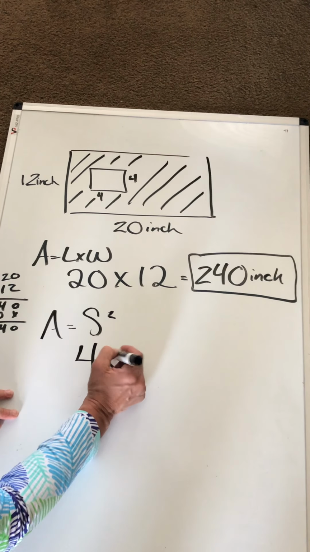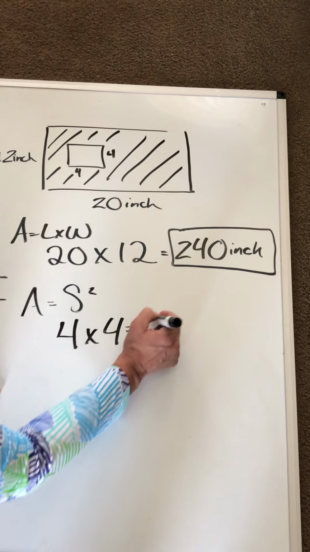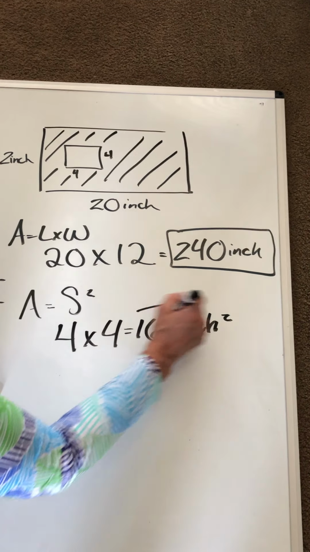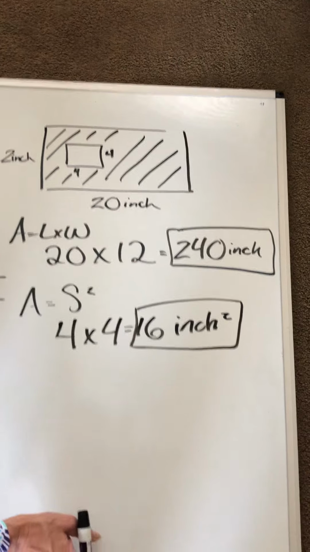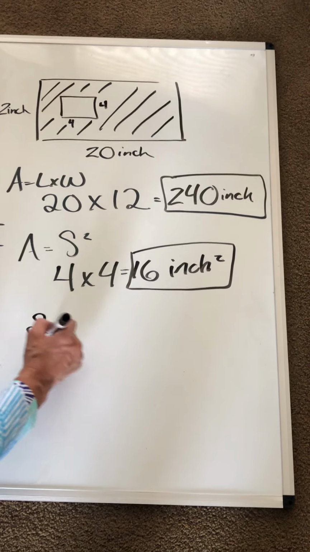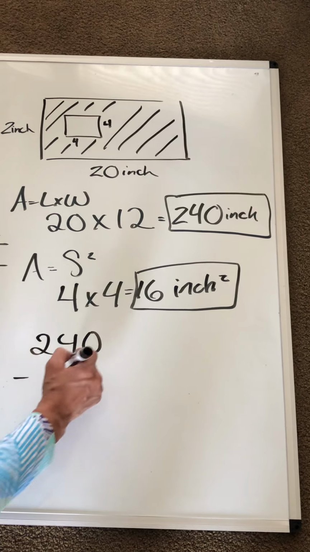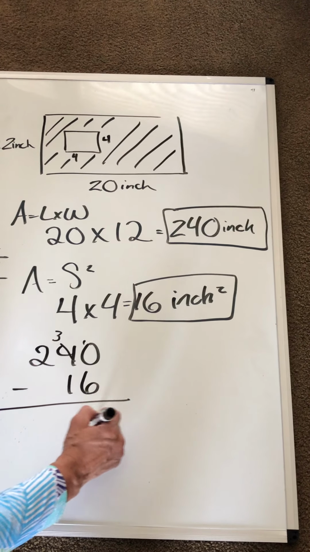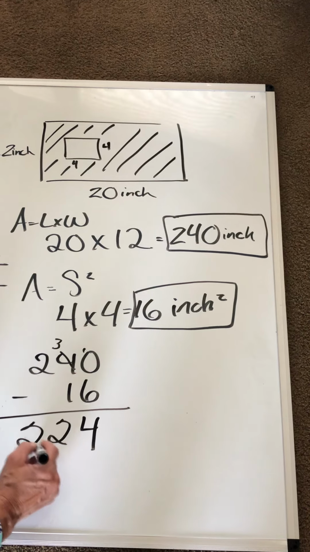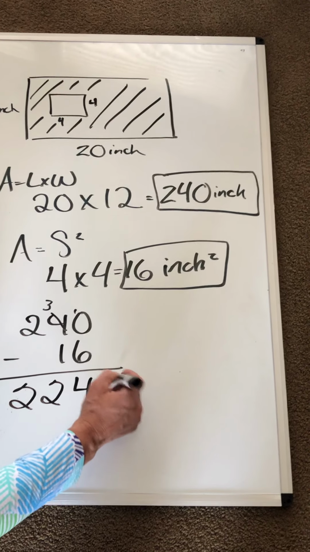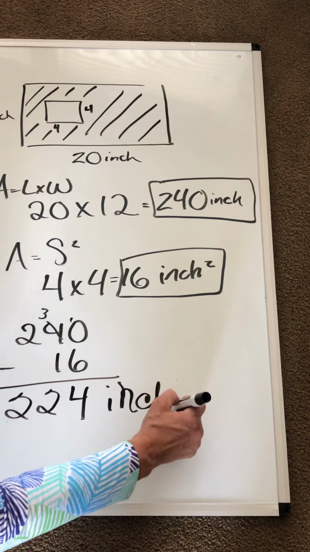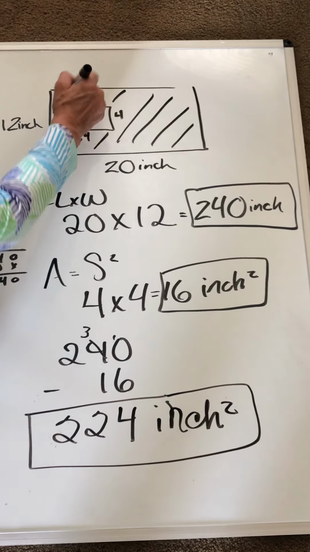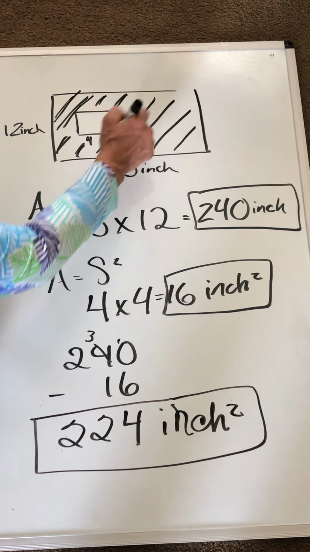So 4 times 4 equals 16 square inches. And then you subtract 240 minus 16. Remember to show your work. And you would end up with 224 square inches. And that would be the area of the shaded part here that we talked about.